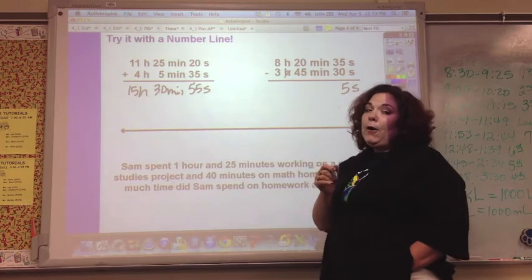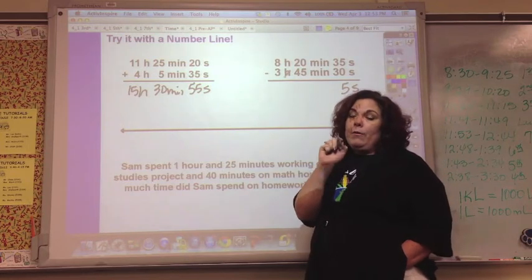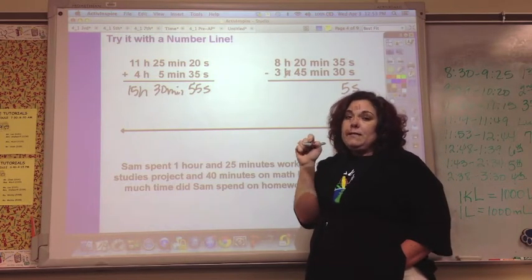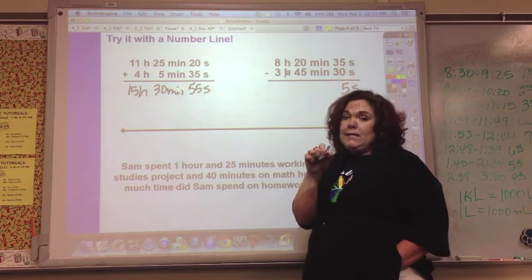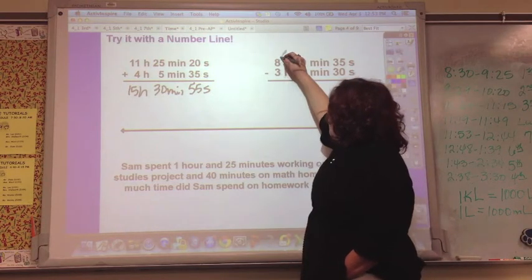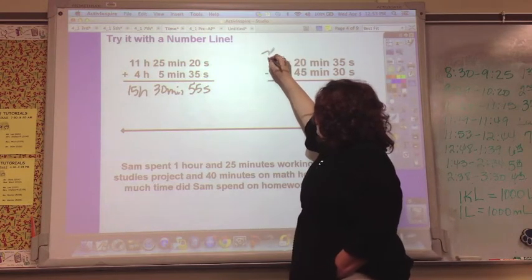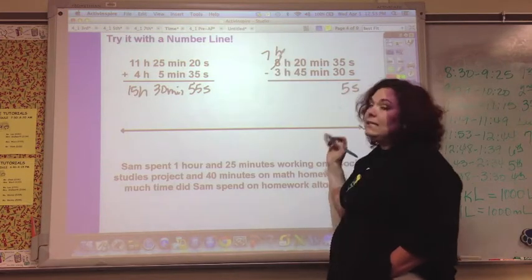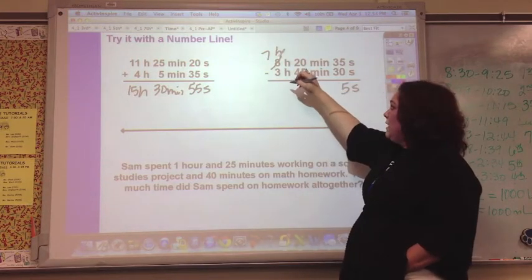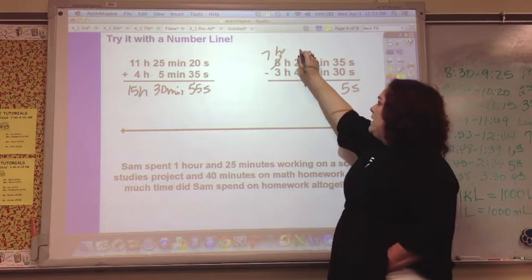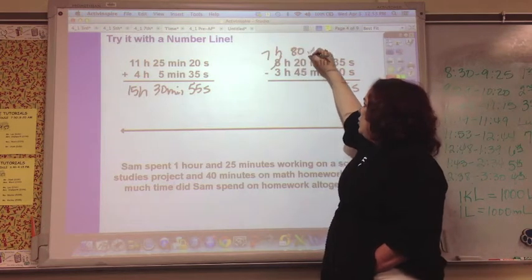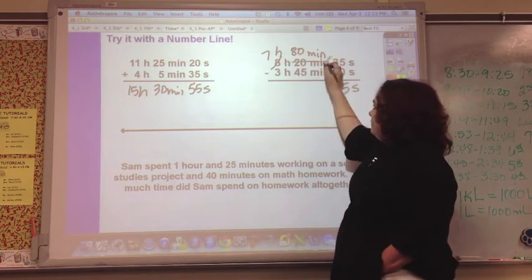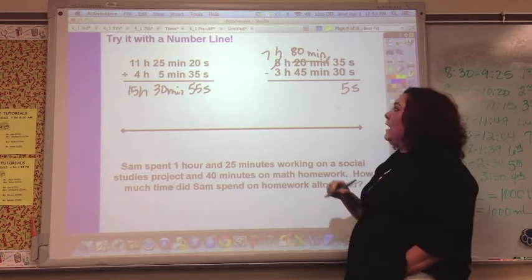So I've got to borrow, but it's different from borrowing in the number system because that's based on 10 and this is based on 60. So if I borrow 1 hour, that becomes 7 hours, and that adds 60 minutes to this 20 minutes. So 60 plus 20 is 80 minutes. That's my new minutes. Now I can subtract.